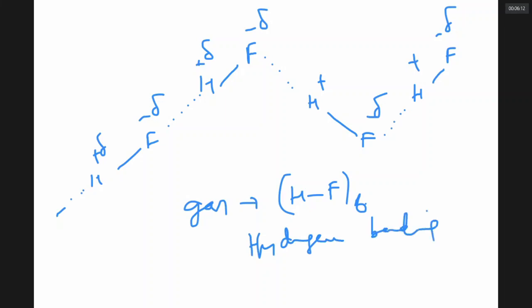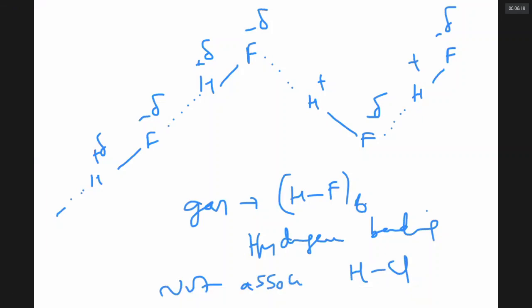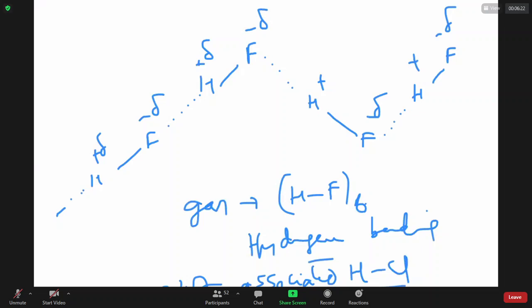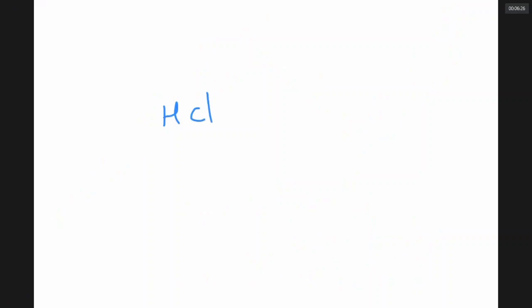This hydrogen bonding is absent in HCl. HCl is not associated. It means HCl boiling point is low, HF boiling point is high. If you look at boiling points, HCl is less than HBr, HBr is less than HI, HI is less than HF.